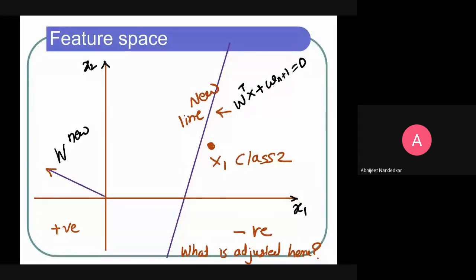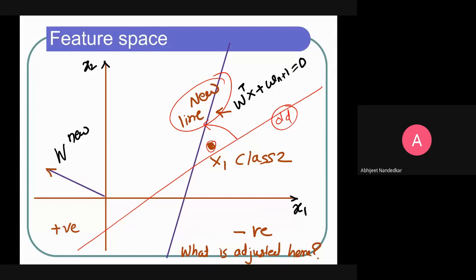Instead of the earlier line, which was lying here, I have to now tilt this line so that this sample is below the line. This is the old one. The new line is adjusted such that this sample falls below this new line, so that W transpose X is negative.